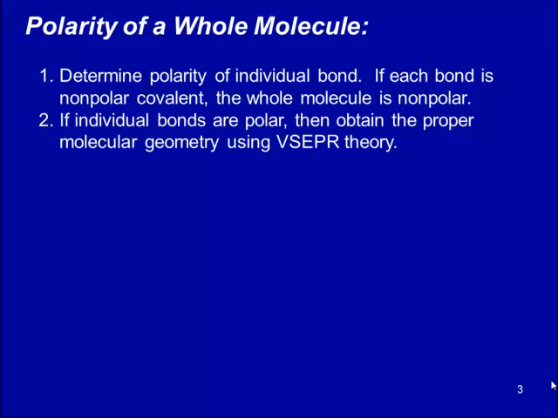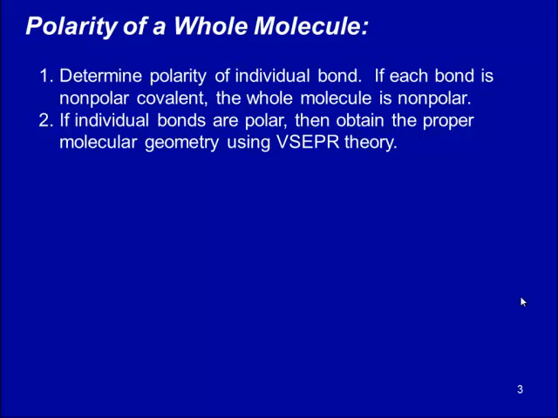then we have to go through the proper steps to obtain the molecular geometry using the VSEPR theory. Remember the steps: you count the valence electrons, then you get the central atom, and then you go through the steps to get the Lewis structure. Then you get the AXE notation and the total number of electron groups.